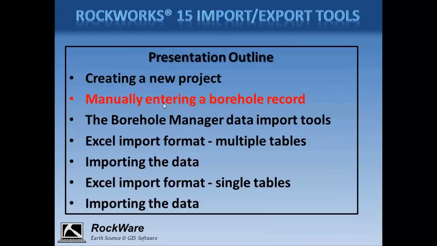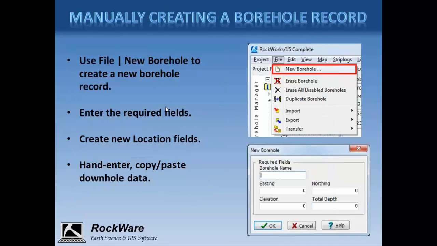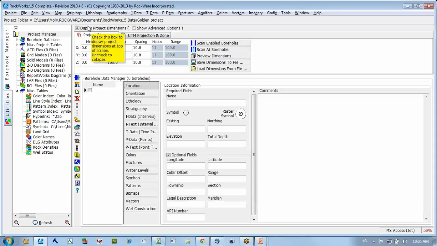Once you have your project created, you can start entering the borehole data. And one option is to enter the borehole records one by one manually. Use the File New Borehole menu option to create each new borehole record manually, hand typing in the required fields. And I'll show you how this looks.